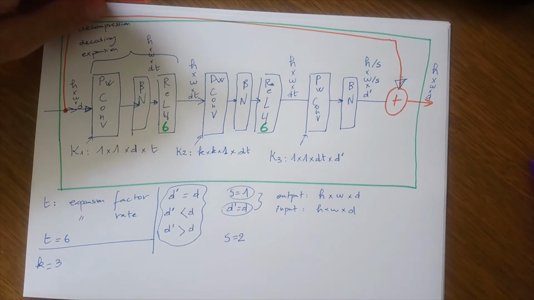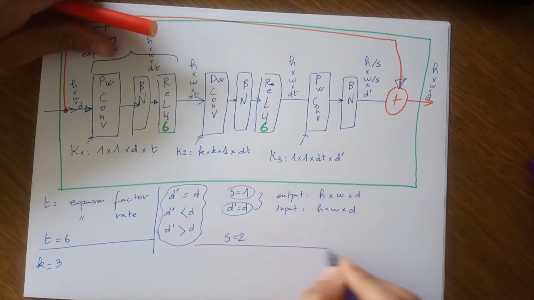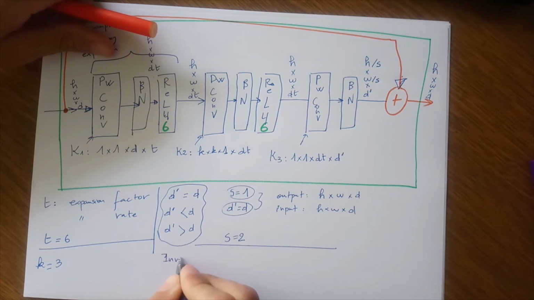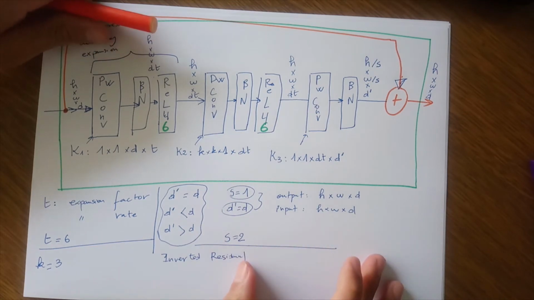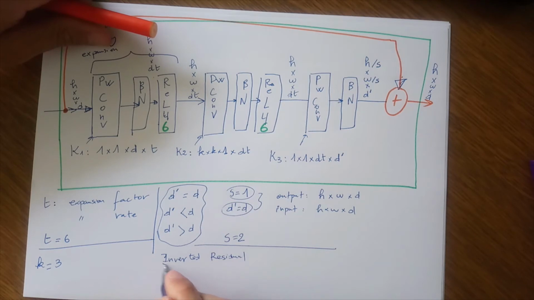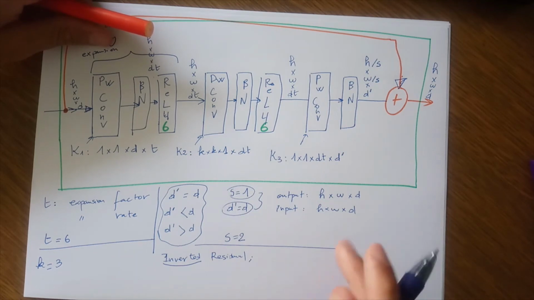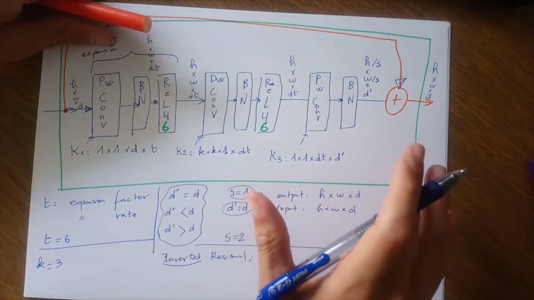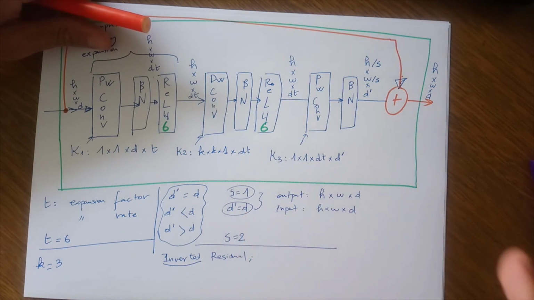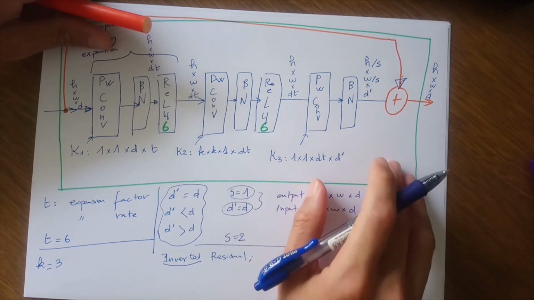Now I'll talk about why this layer module is called the inverted residual with a linear bottleneck. First of all, why is it called inverted residuals? Why not just residuals? Well, the reason is that in previous architectures, such as ResNet, they used the residual connection to connect thick layers instead of thin layers.